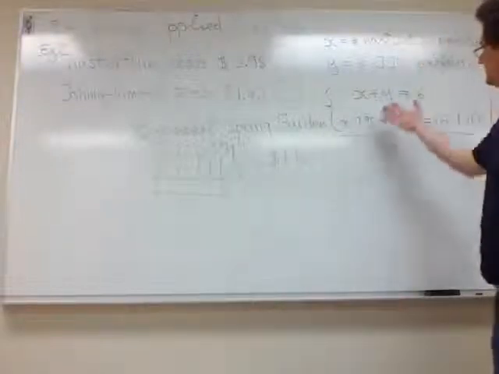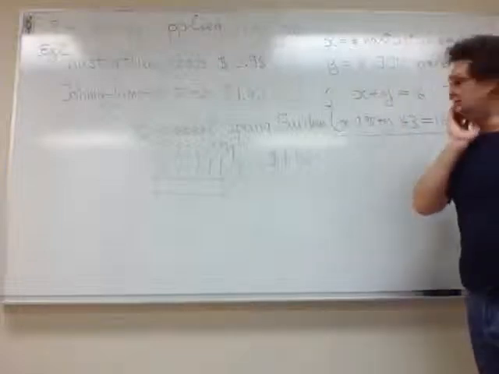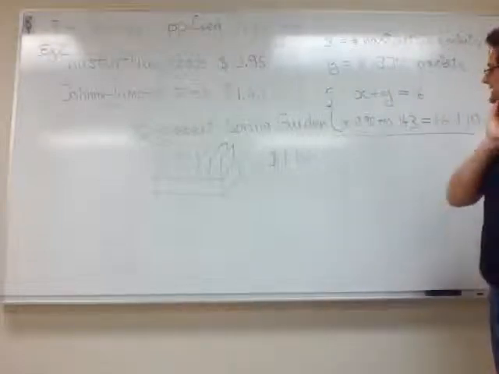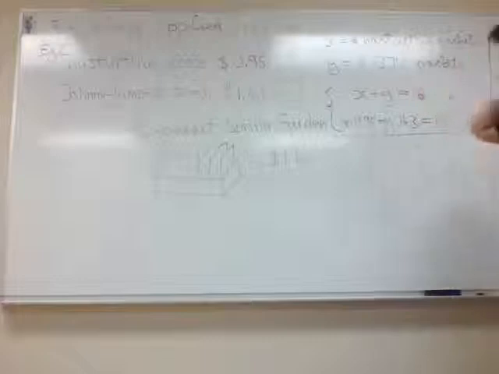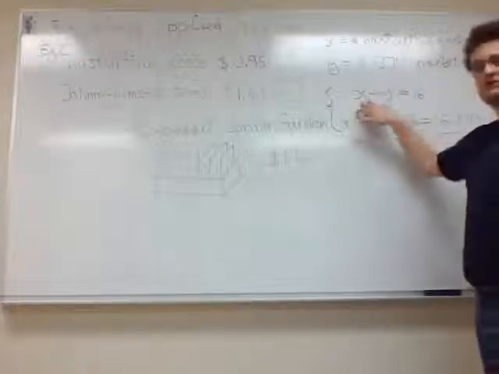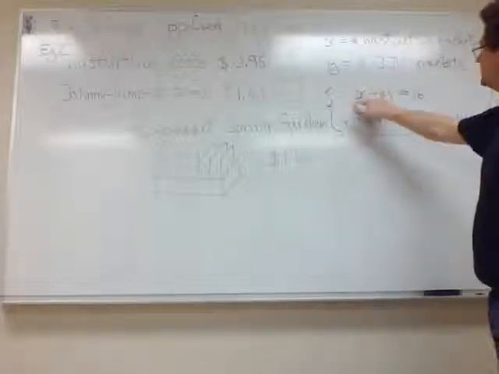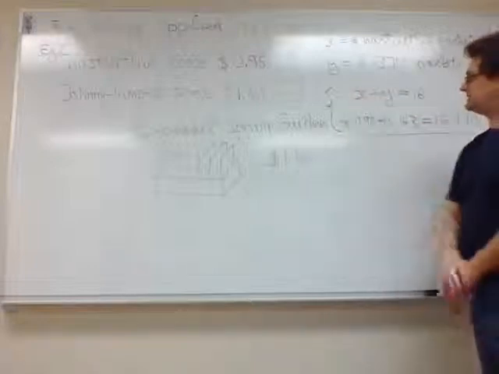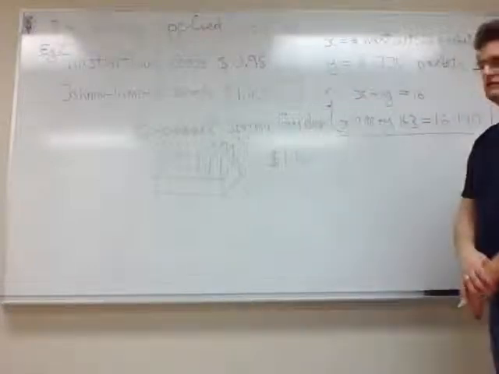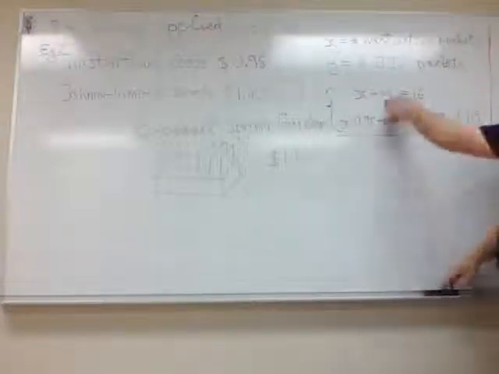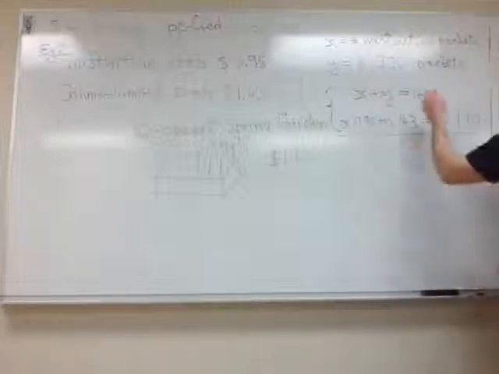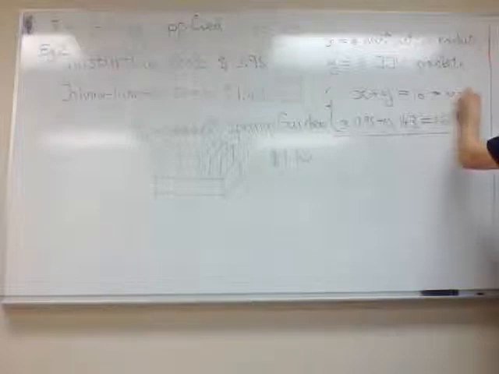One way is by substitution, the other is by elimination. In this case, we can use substitution because the coefficients of x and y here are 1. So let us express y in terms of x. We have that y is 16 minus x.